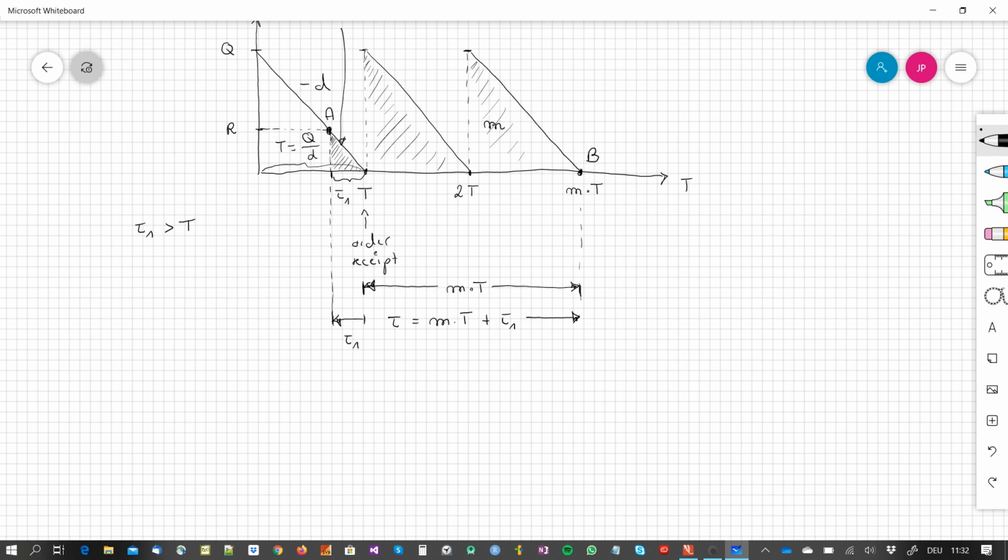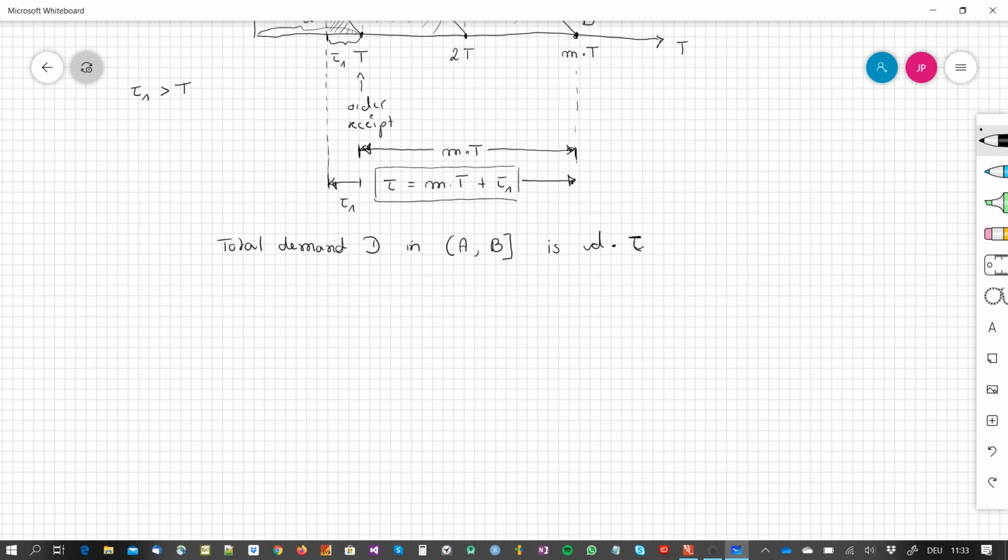So we need to define the total demand D in the interval now from A to B. And this is demand multiplied by the total time that we consider, that is this here. And then we would know how much to order.